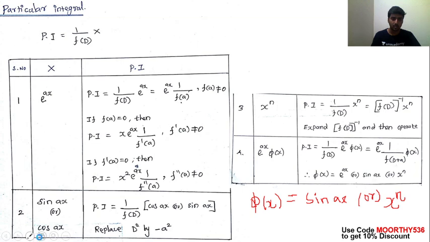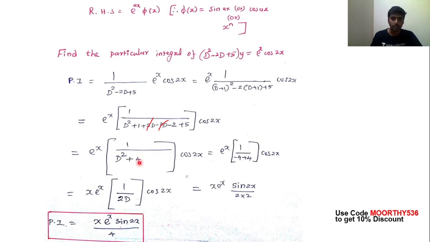So coming to the problem, here in the denominator D square is replaced by minus of 2 square. Minus of 2 square is equal to minus 4, plus 4. Now the denominator is equal to 0. After substituting this value, here f dash of a is equal to 0.